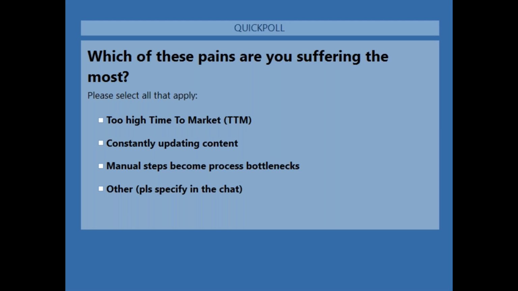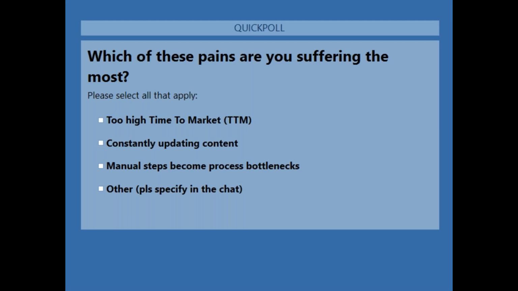So maybe you encountered not just one, but two, or maybe all of them. If you're choosing other, please specify in the chat which one, because we really need to know what the pains are. Maybe we just missed some of them. Yeah, those were probably the biggest ones, but obviously there's more.